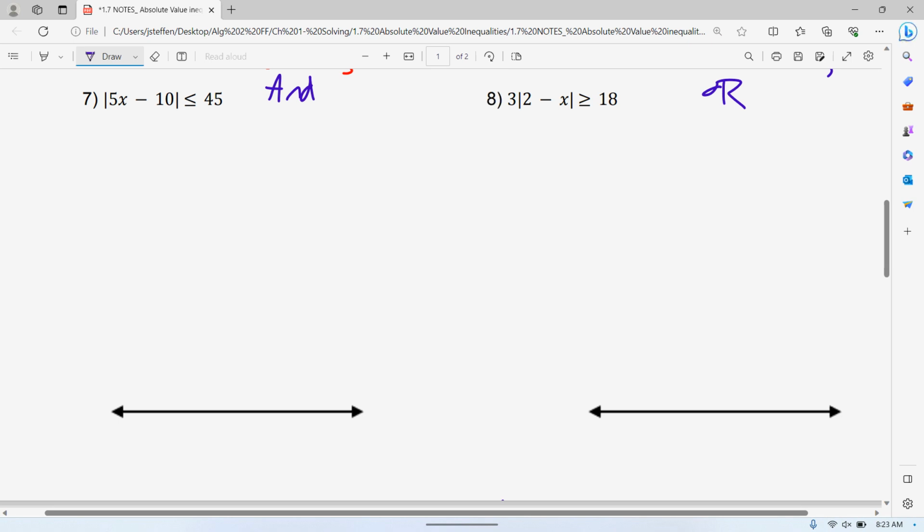Solving, again, this is not much different than what we did before with the equal sign. There's just a couple subtle things you have to pay attention to. Next one is that you have to flip your sign with the negative answer.